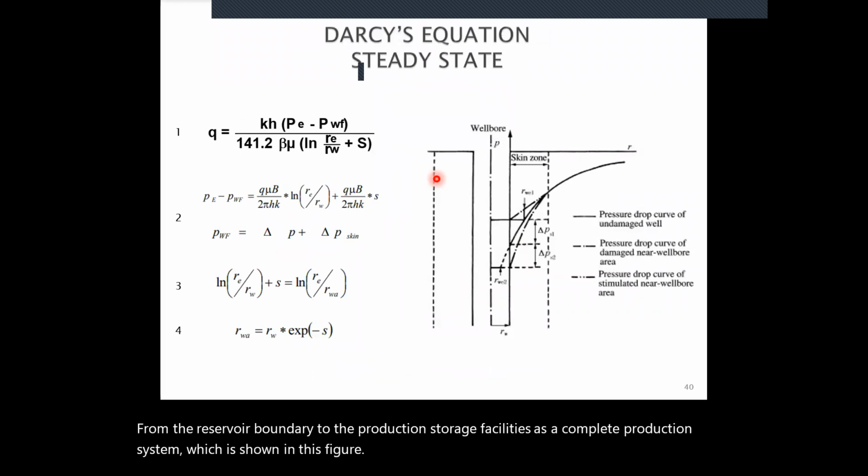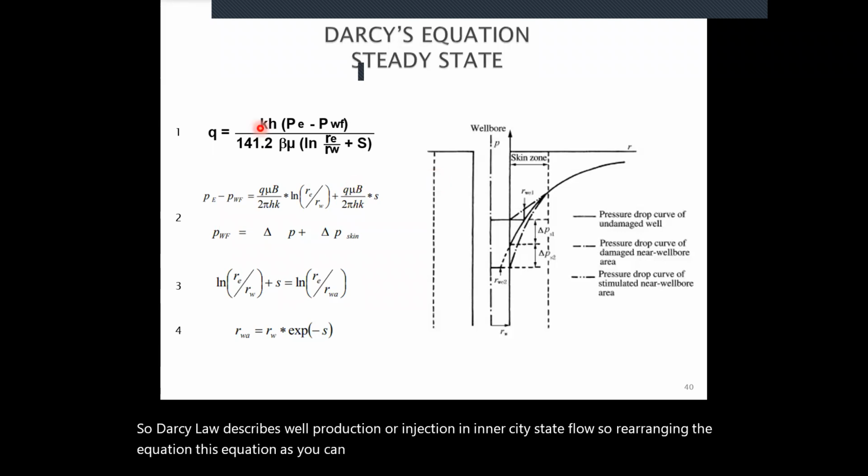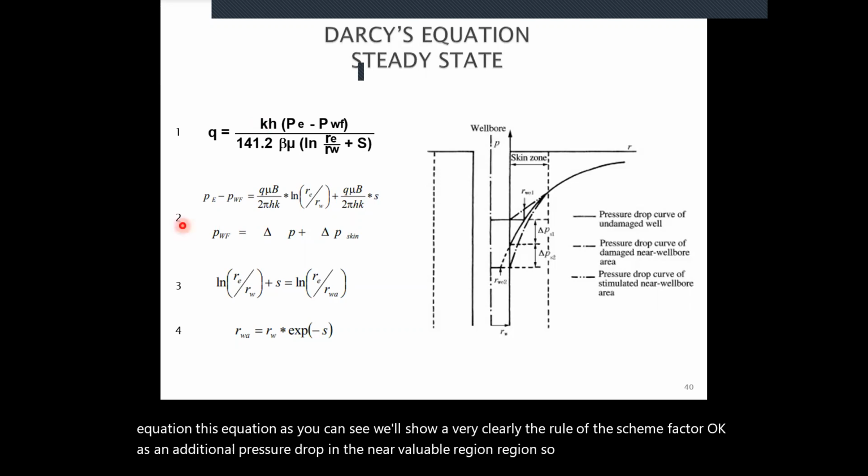Okay, so Darcy's law describes well production or injection in a steady state flow. Rearranging the equation, as you can see, will show very clearly the role of the skin factor as an additional pressure drop in the near wellbore region. So as you can see, we have two terms here.